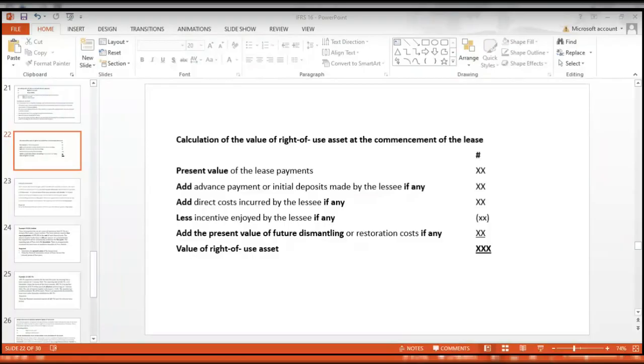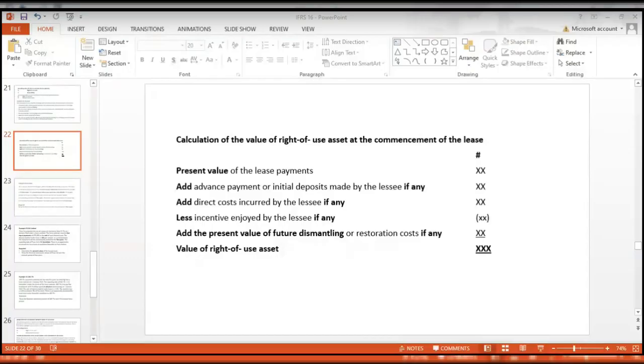Present value of lease payment. We already have that information here, so I just put it there.